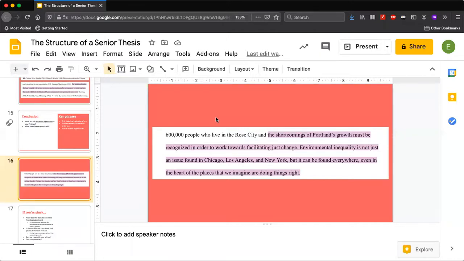And so the student is saying that if a city, any city, wants to grow in a just, fair way that doesn't impact minority groups more than majority groups, then they have to consider things like how the history of racism might impact environmental policy.